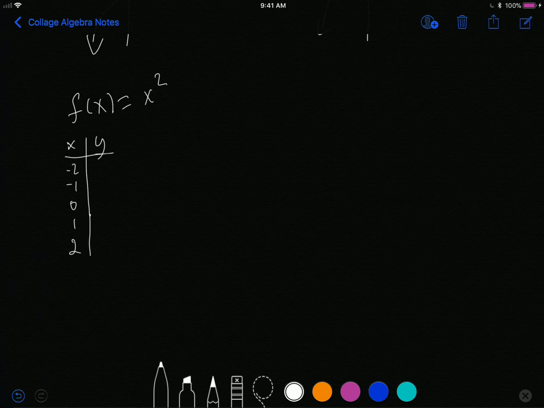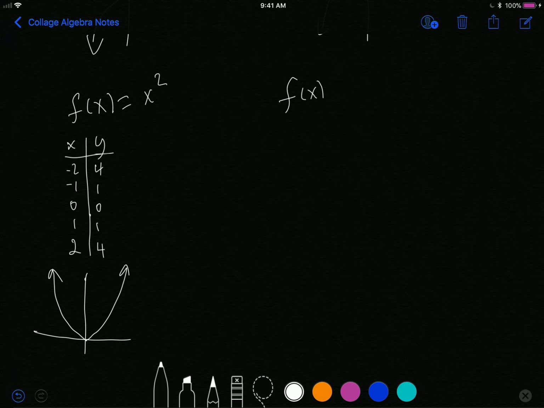When I plug in -2, you get 4, 1, 0, 1, and 4. Then if I were to graph the function, the graph that I get will be a parabola that looks something like this.